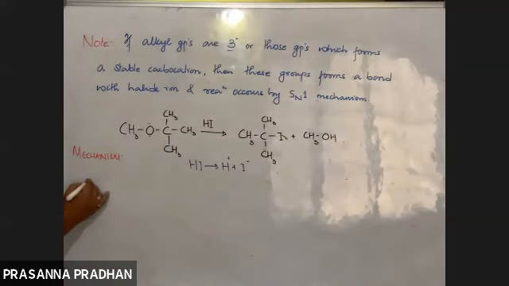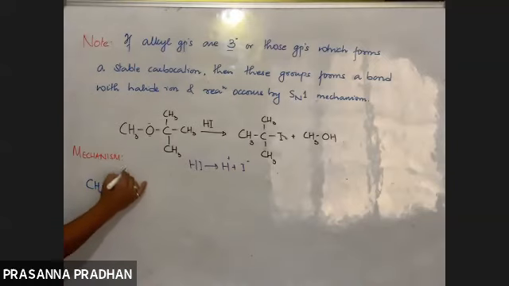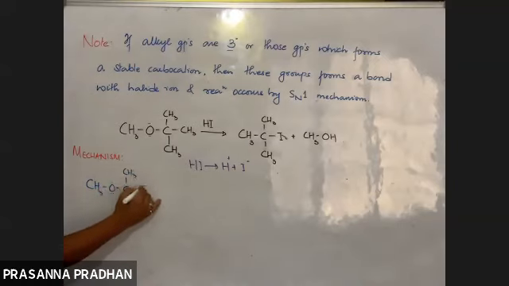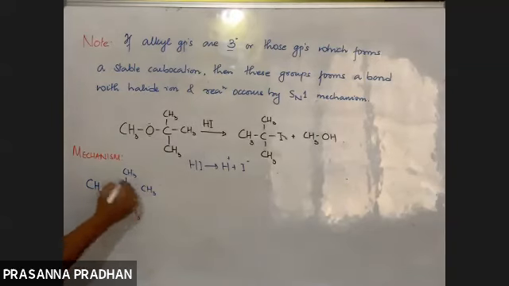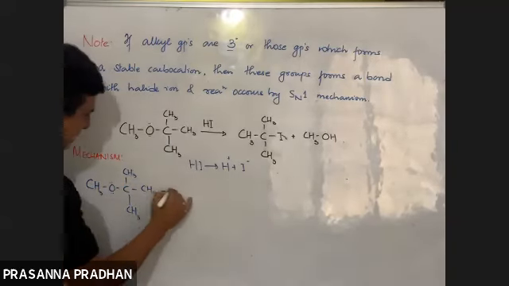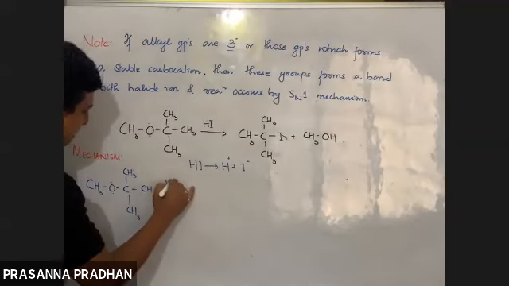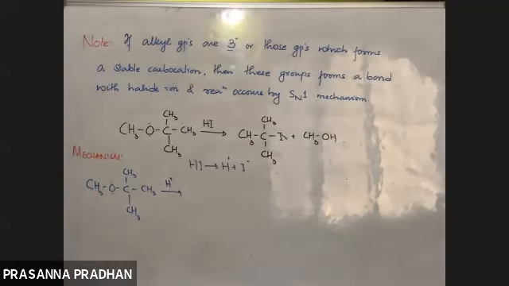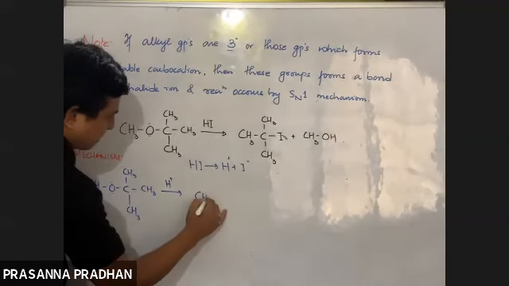So CH3O, we have a lone pair. Again, what do you think should happen in the first step? There is going to be a protonation. The proton will attach itself to the oxygen like this.